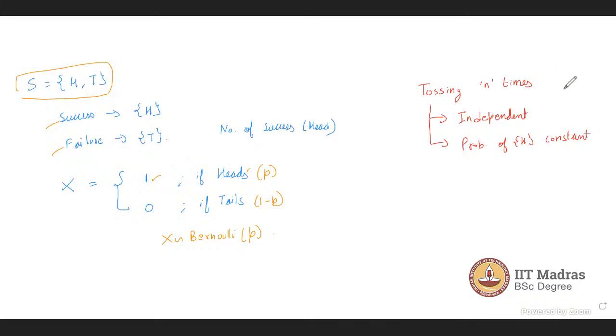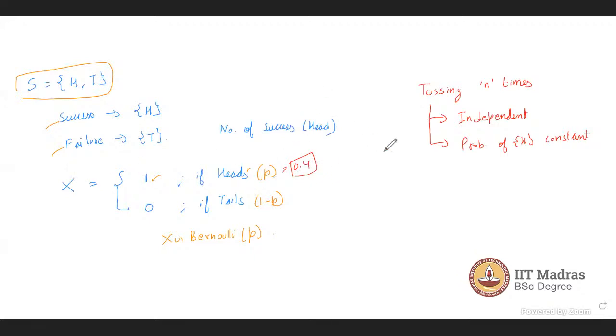Suppose initially the probability of getting heads is 0.4. So in the first toss it would be 0.4, in the second toss it would be 0.4, and so on till the nth toss it would be 0.4 only for getting heads, right? Yes, sir.